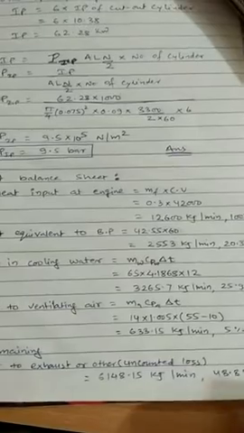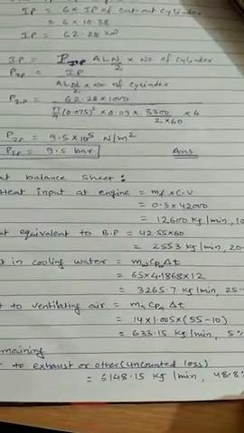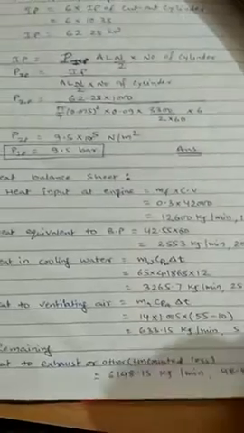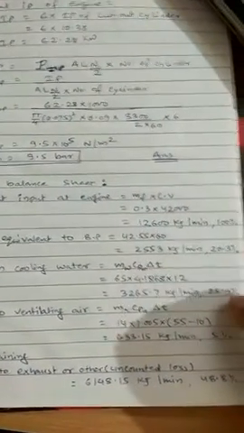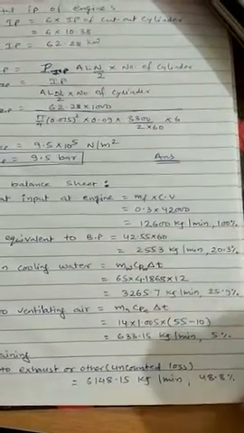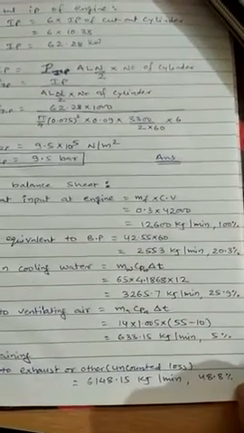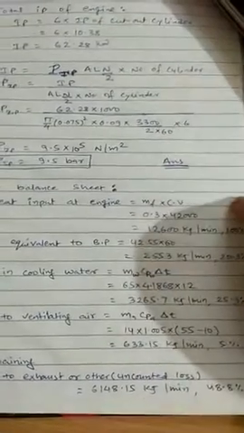These are the values given in the question, and we calculated BP, cooling water and ventilating air heat. Adding these, we find a value of 51.2% of total heat.